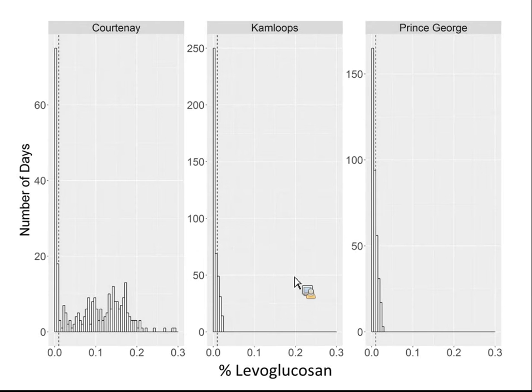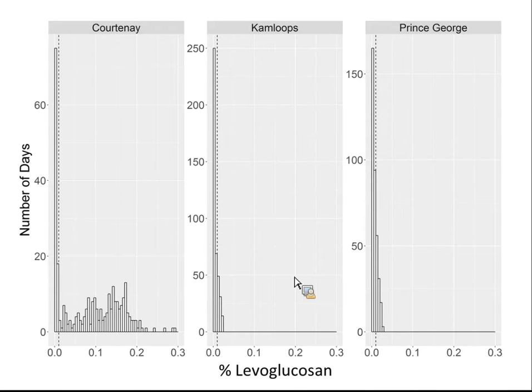And this is where those levoglucosan data come in really handy. So these are the levoglucosan concentrations, or the levoglucosan percentages. So they collected PM2.5 and then calculated how much of that PM2.5 was levoglucosan, anywhere between 0 and 30%. These are the values for those three different communities. And you can see from this, Courtenay is quite a different kettle of fish than Kamloops and Prince George.